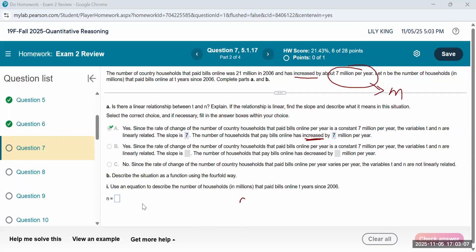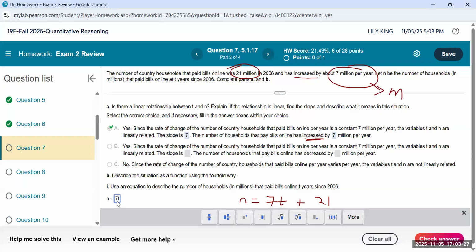So we have n is equal to 7t, and we have 21 million as our starting value. And again, the slope is positive because of the increase we see in the statement.